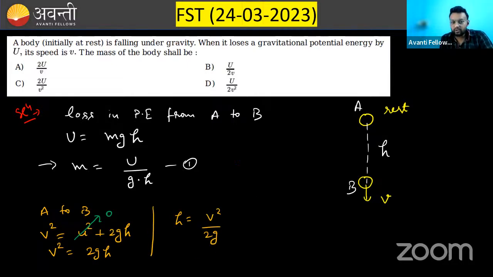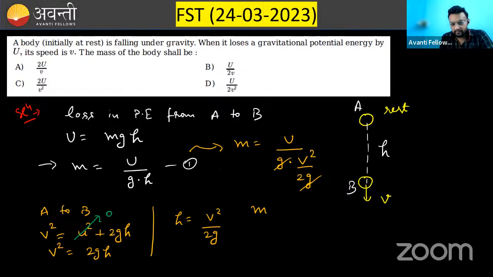Put the value of h in equation 1. If I put the value of h, what is m? m is equal to U upon g, and the value of h is v square by 2g. g will get cancelled, 2 will move to the numerator.